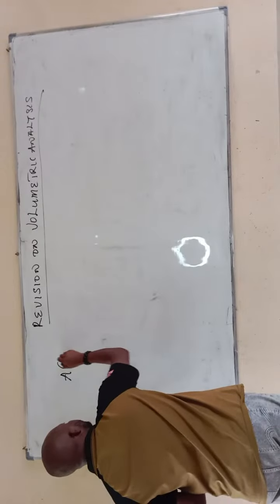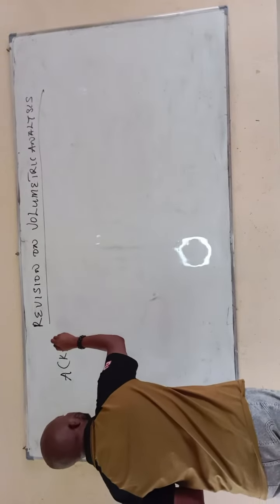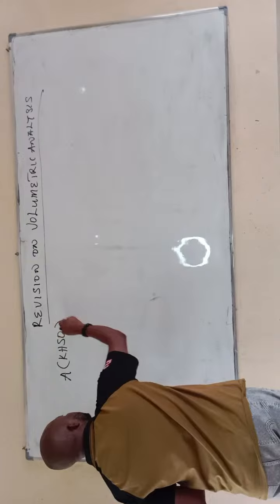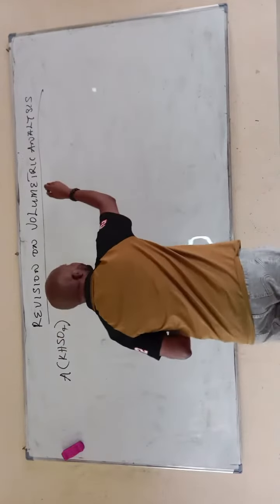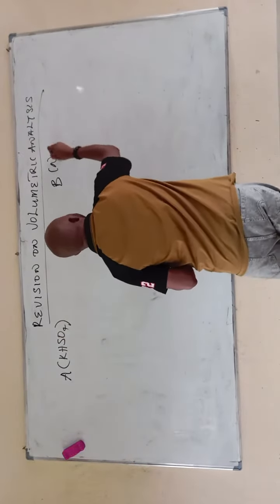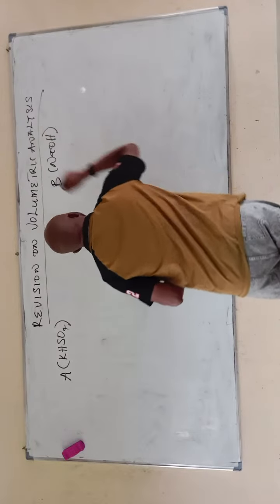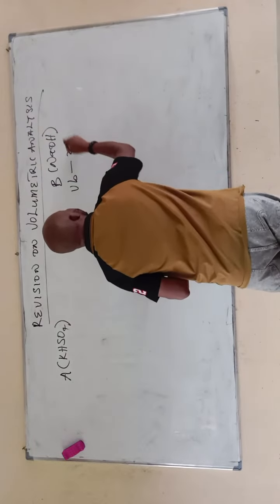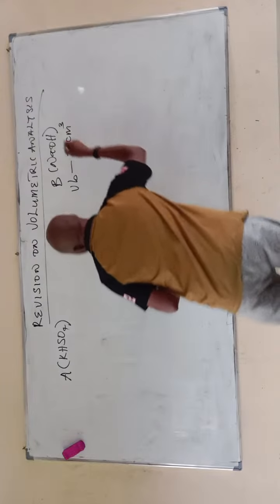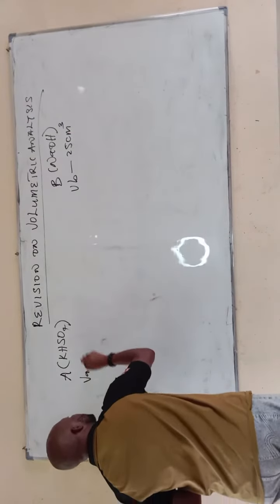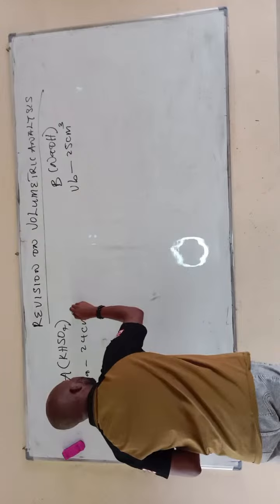A for the acid, potassium hydrogen tetraoxosulfate(VI), and B for the base, which is sodium hydroxide. We say the volume of the base is 25 cm³, and the volume of the acid is 24 cm³.